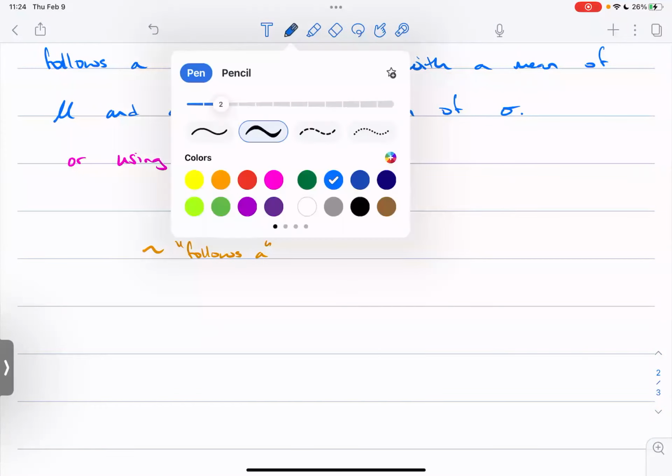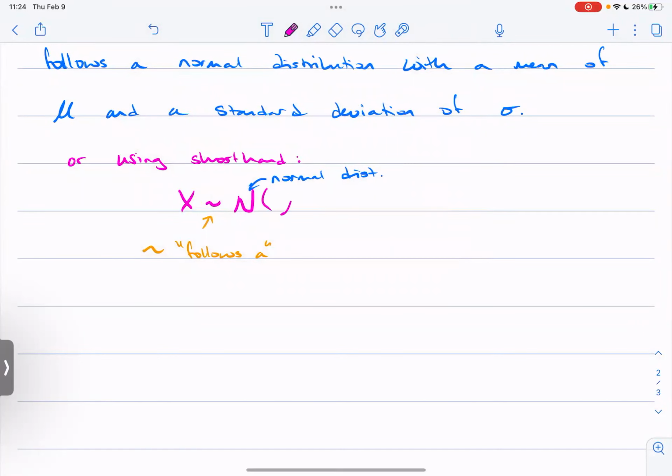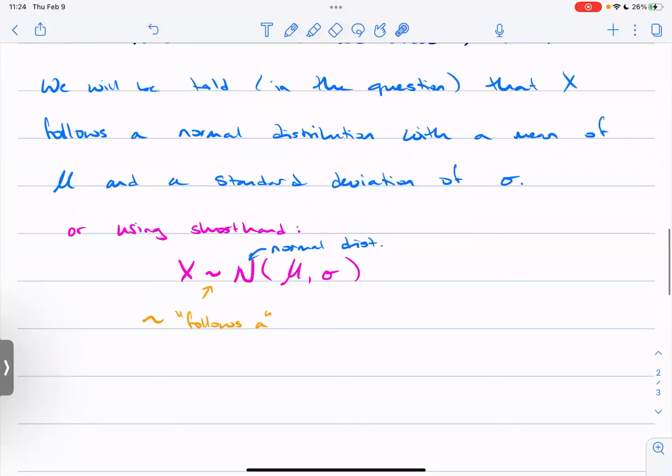And then we use a bracket, mu, comma, sigma. So here, with a mean mu and a standard deviation sigma. So X follows a normal distribution with a mean mu and a standard deviation sigma. It saves you a lot of writing. You don't have to write it this way, but some questions will just present the information this way, so you would need to be able to read it.